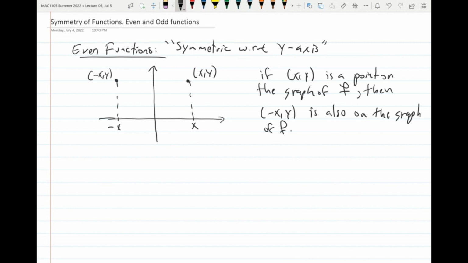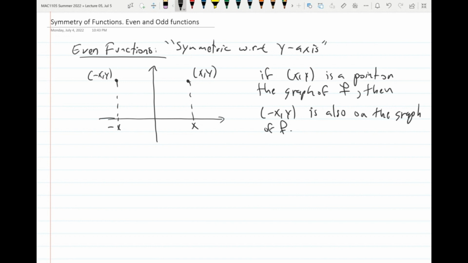That's the definition. Now let's try to identify this a little more algebraically. What we're saying here is that the y value of both x and negative x is the same. Remember, this second number here is the y value corresponding to the first number.